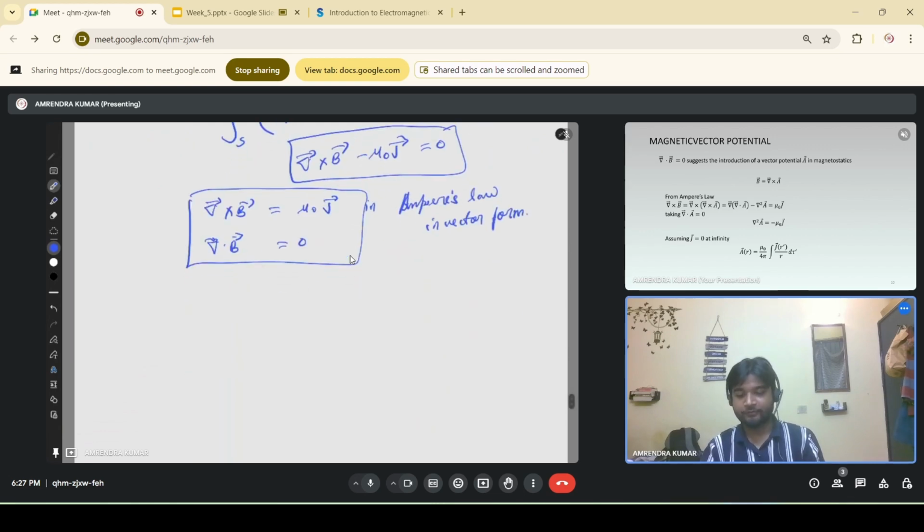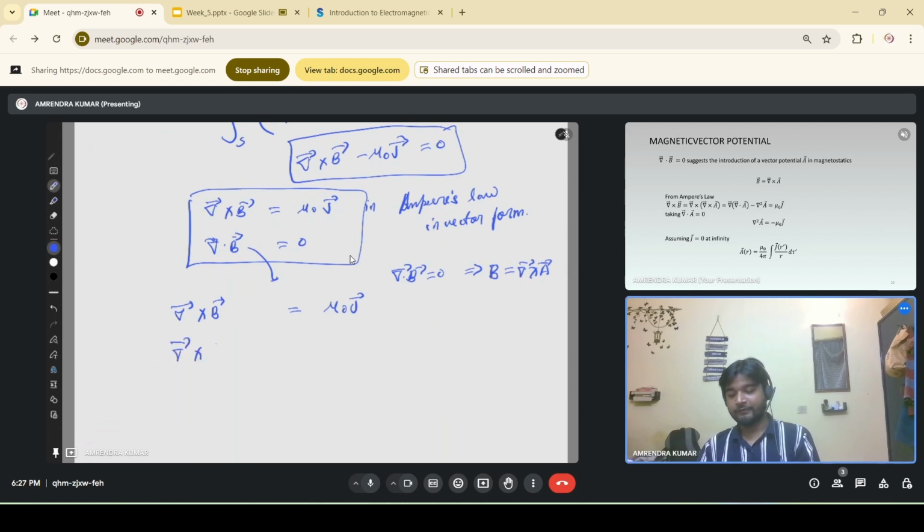Now from these two equations and the vector identity, you can calculate del cross B is equal to mu 0 J, but this del dot B is equal to 0 implies that B can be written as some vector cross product of some vector.